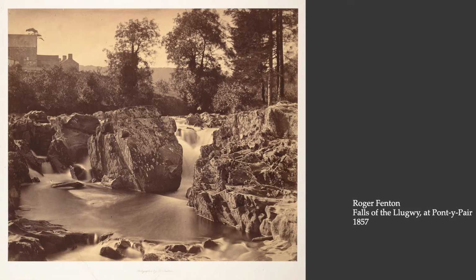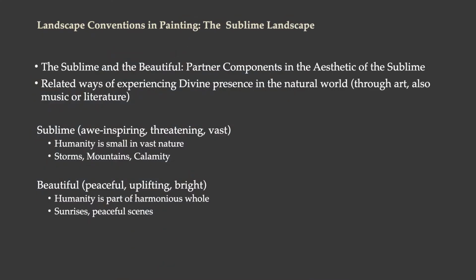So the sensibilities that build those picturesque paintings are the same sensibilities that he's using to construct a landscape photograph. Foreground, middle ground, and background, a sense of flourishing. Human habitation is there and seems completely harmonious with the landscape, and everything feels timeless. So this is the English picturesque tradition.